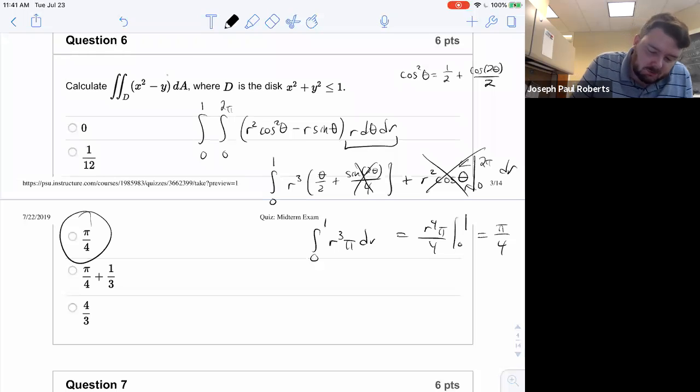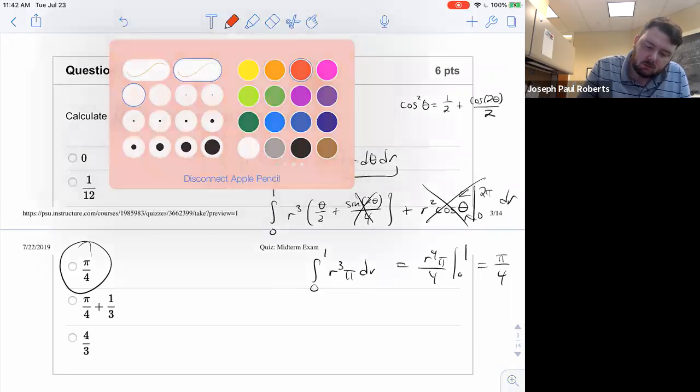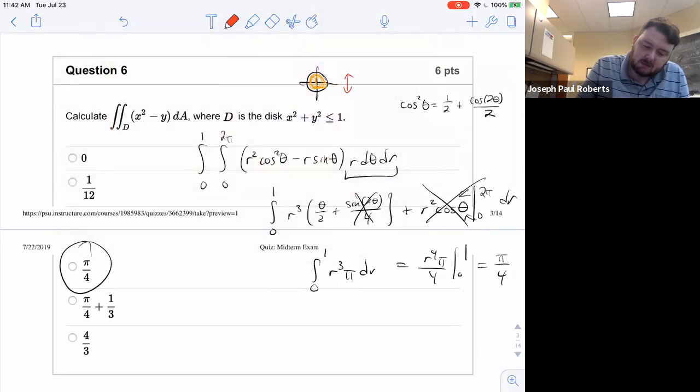You could have also realized that this disk has symmetry over the x-axis. And I'm sorry, not the y-axis, the x-axis.